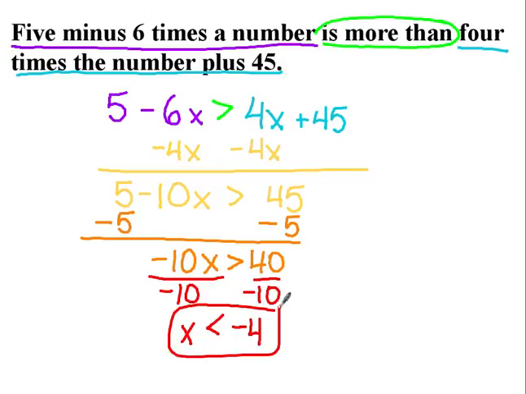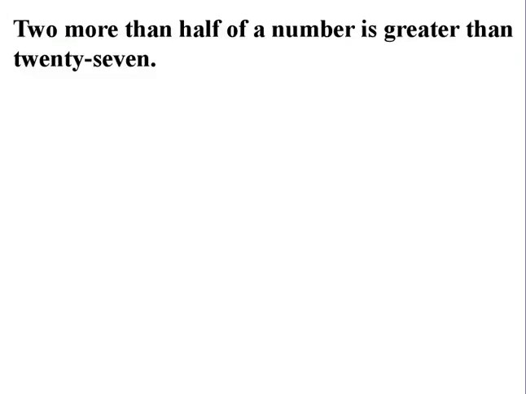So x is less than negative 4. Pretty straightforward. Okay, so we're going to do the same thing here. 2 more than half a number is greater than 27.